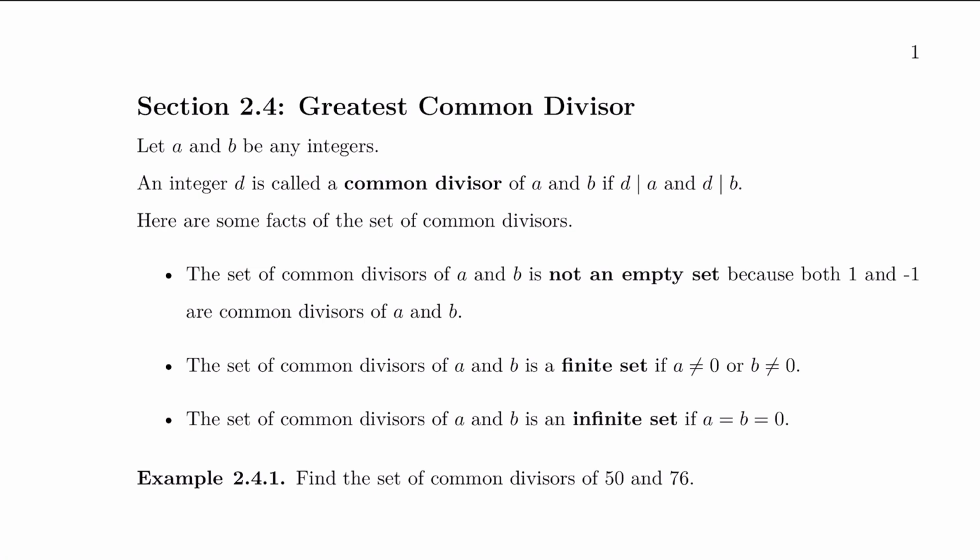Today we will take a look at the new section 2.4, which is greatest common divisor. So we let a and b be two integers.